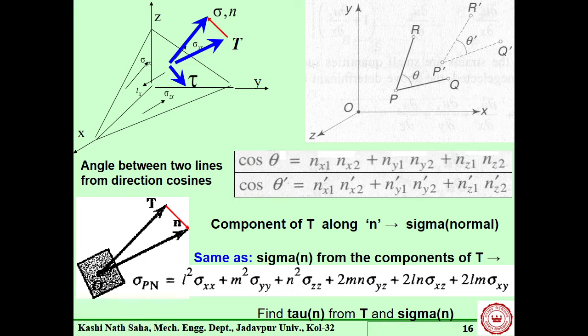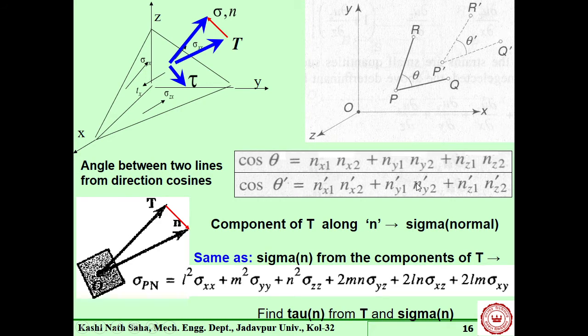Note here that this idea we will use afterwards to compute strain, angular strain. If these two lines change their position, and the changed position is represented by P prime Q prime and P prime R prime, and in that situation the included angle is theta prime, then this equation holds.